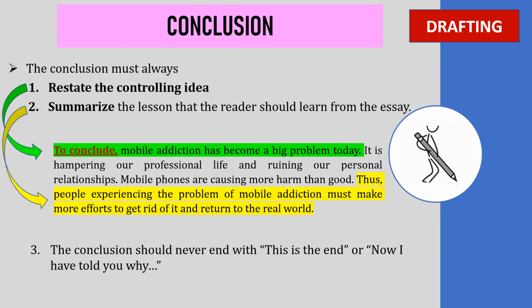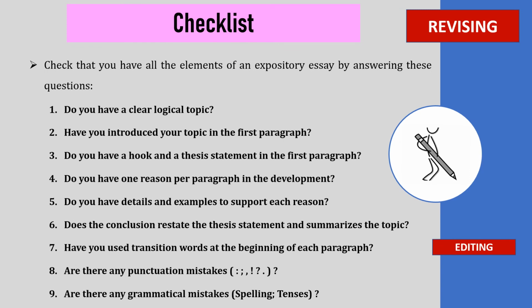Now that you have written your expository essay, you need to revise it by answering these questions. This is a checklist that helps you revise and edit any mistakes that you have in your essay.